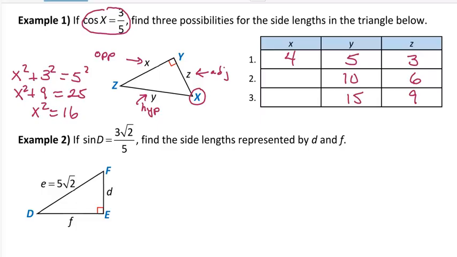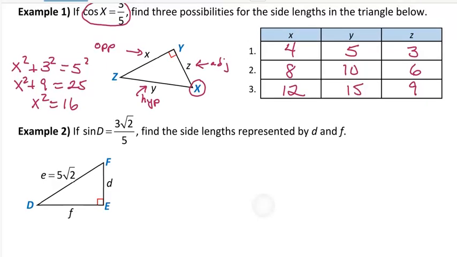Now, if y and z are 10 and 6, then x is 8, because all the side lengths are just doubled. And if y and z are triple the original numbers in our ratio, then side x must be triple the original value in the first choice there.